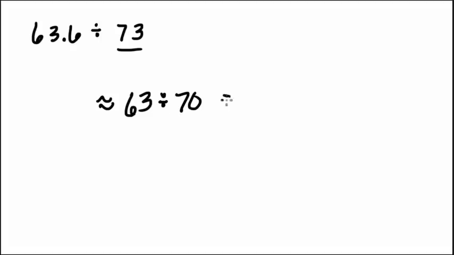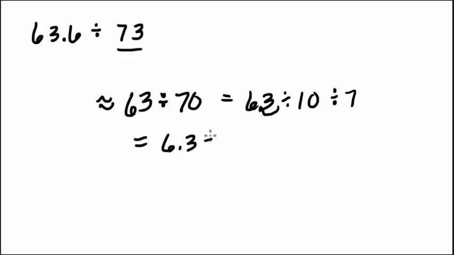So this is, again, 63 divided by 10 divided by 7, and 63 divided by 10 moves the decimal point over, which is 6.3 divided by 7, and we know it as 9. So the 9, we'll put the 0 there, and it will be 9/10.